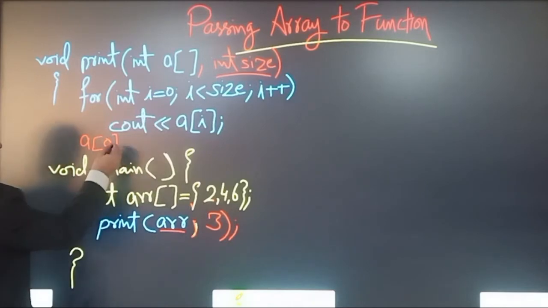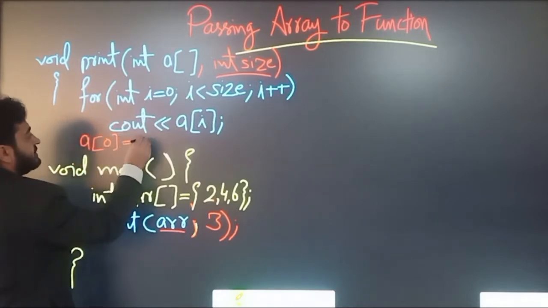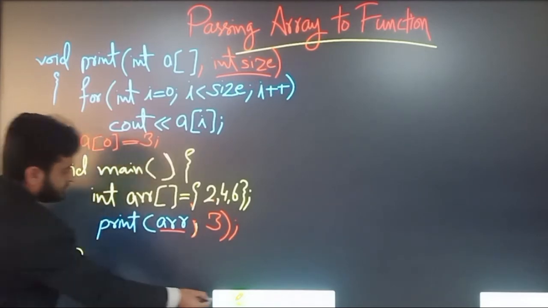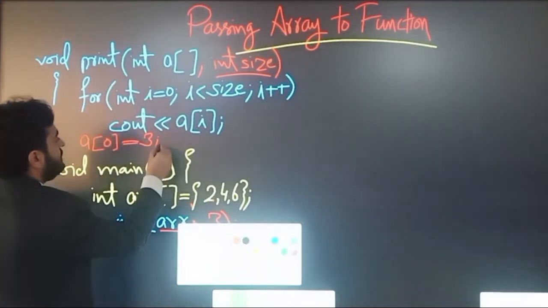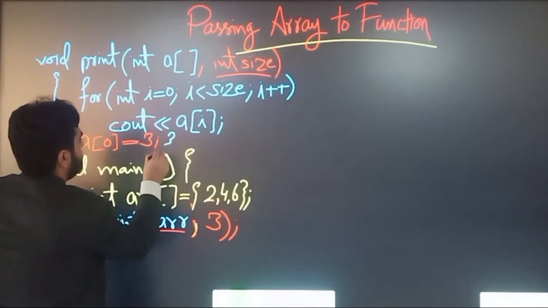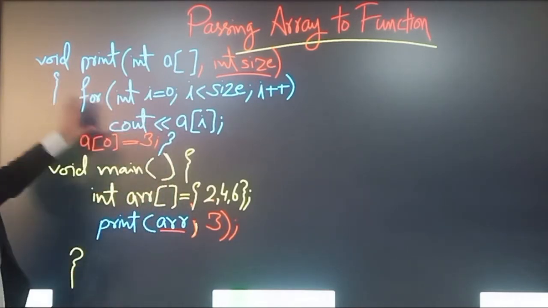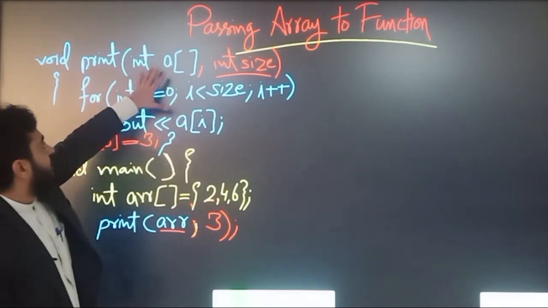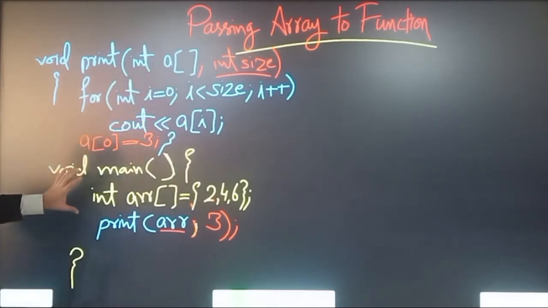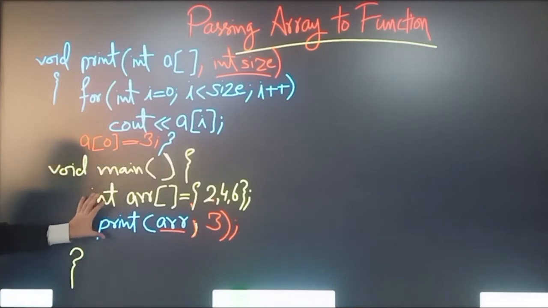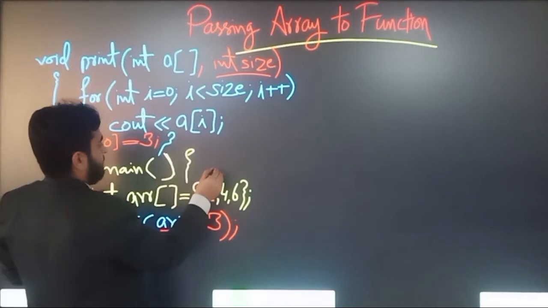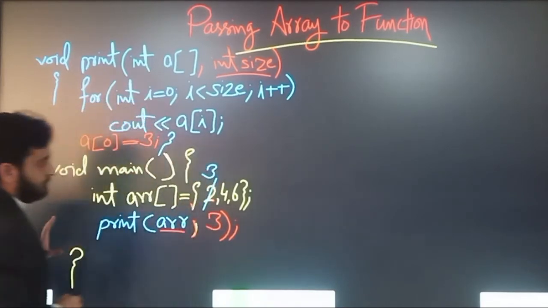So in the first slot, if I assign, for example, 3, and this has been introduced in the user-defined function, this will change not only the value inside the user-defined function, but also in the main function. So the value of the first slot will be replaced with the 3.